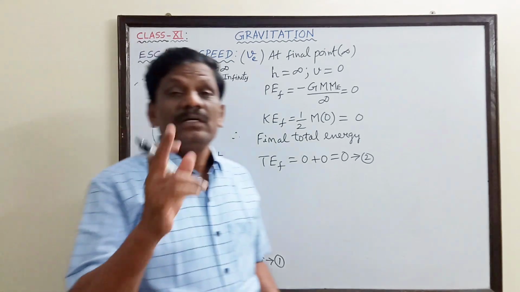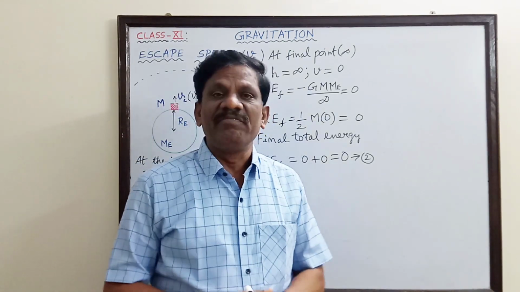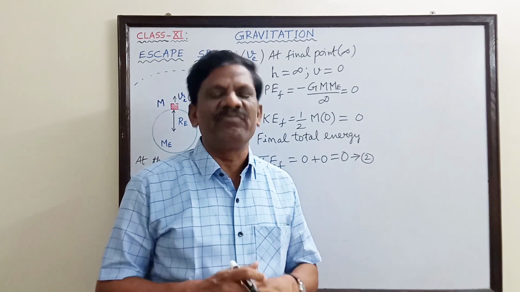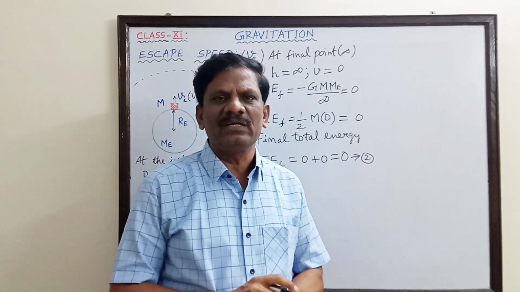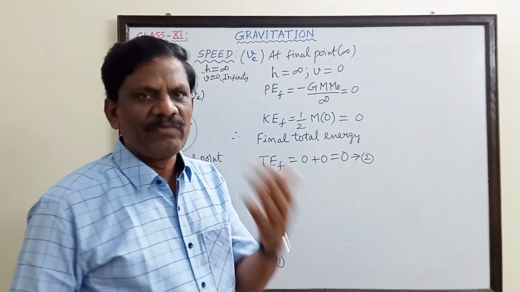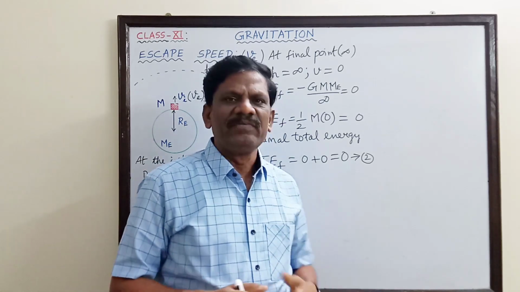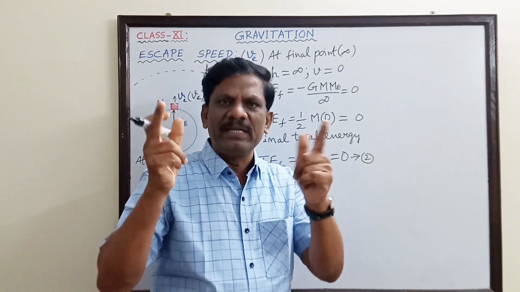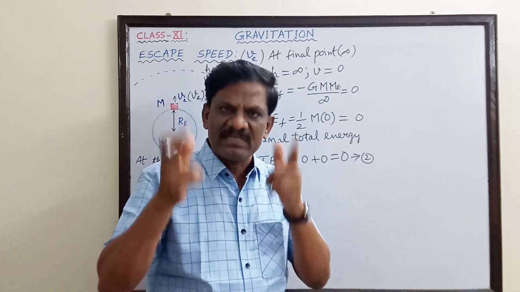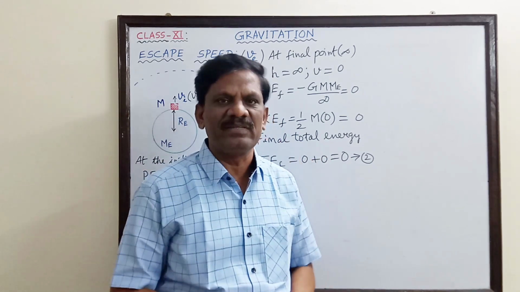Now, the gravitational field is called a conservative field. Just like conservative force and non-conservative force you have defined, this is a conservative field inside which the total energy of a body moving inside this field will remain constant always.